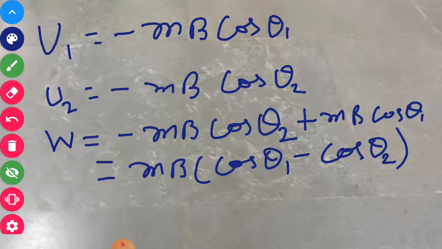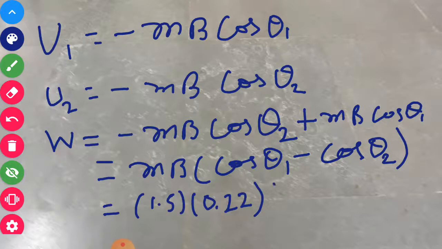Now the initial position, theta 1, is 0. Finally, you want to take it to 90 degrees; the magnetic moment makes an angle of 90 degrees. So we can write here m is 1.5, the magnetic field is 0.22, and cos theta 1, the initial position where the magnetic moment is parallel to the magnetic field, so cos 0, minus the final position at 90 degrees, so cos 90.